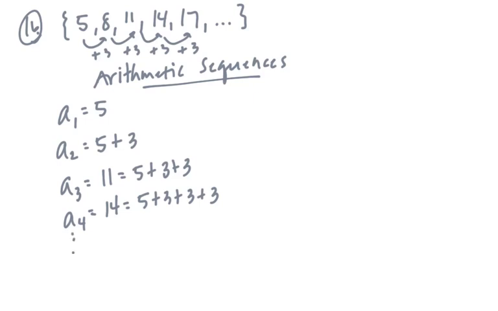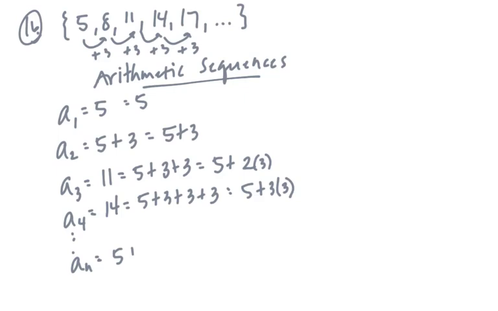So what we can do is we know that this is 5, and this is 5 plus 3, and this is 5 plus 2 times 3, and this is 5 plus 3 times 3. So you don't have to build the formula. You can think about what it is. A sub n equals 5 plus, now notice the 2, it's 1 less than it was before.